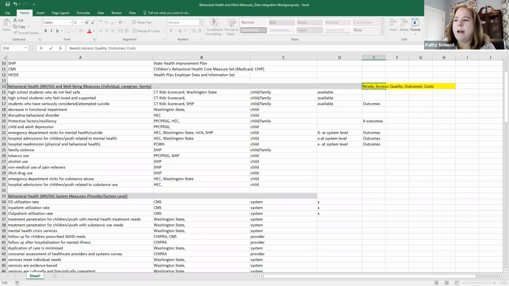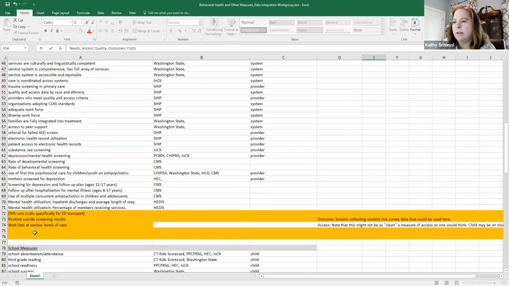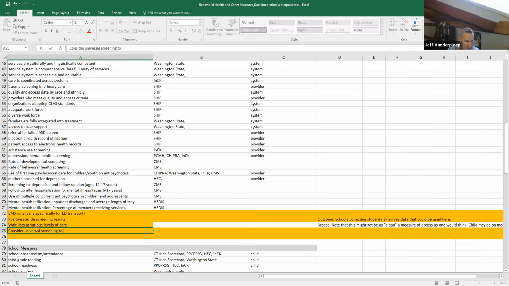I don't know how to do it, and I don't know if it's really reflected here. I see a consumer assessment of healthcare providers and system survey. I don't know if that gets to it, but getting into a needs assessment, I think, should be integrated. Yeah, it's a great point. I'll just flag it here. Consider universal screening to determine need.